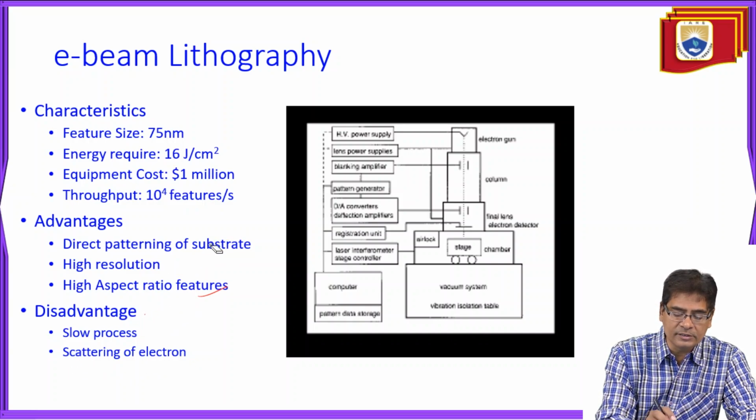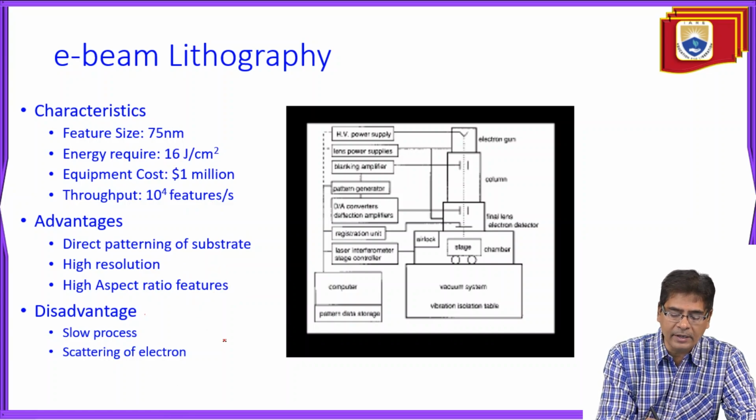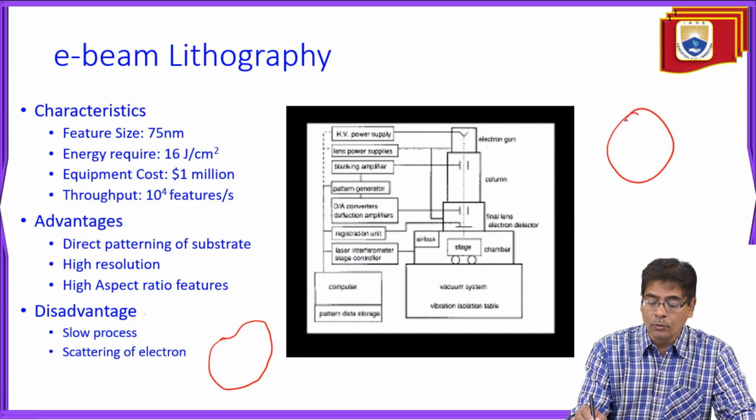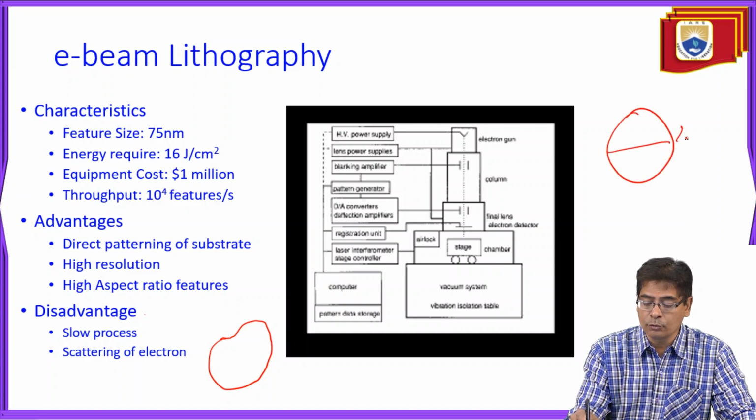Slow process in the sense that, suppose this is a silicon substrate and you want to write a circular pattern whose diameter is 225 nanometers, or 335 nanometers.